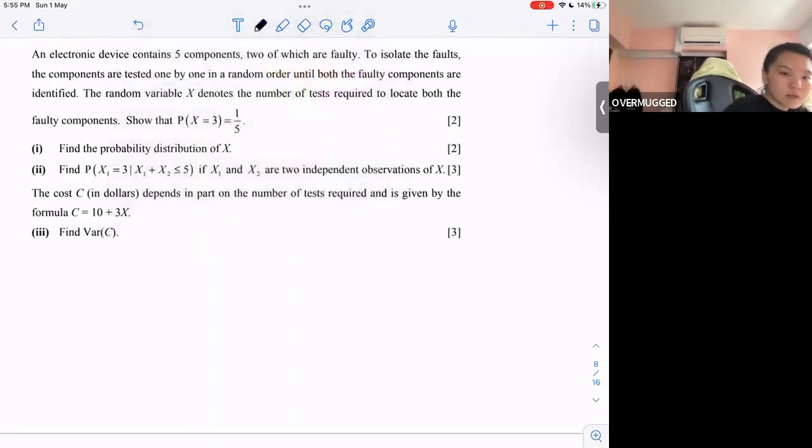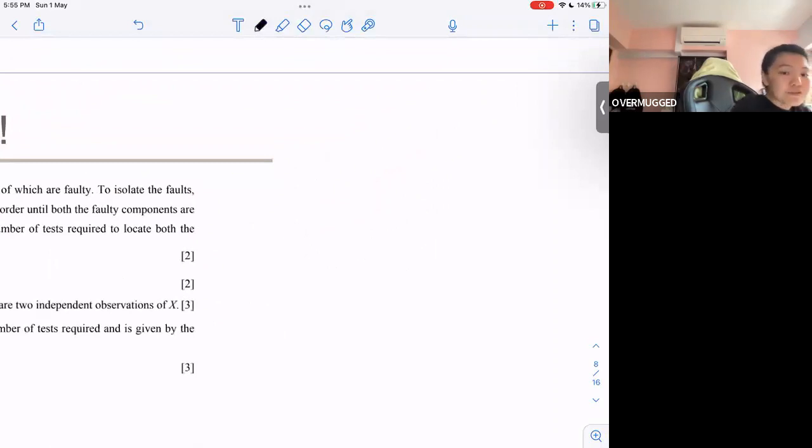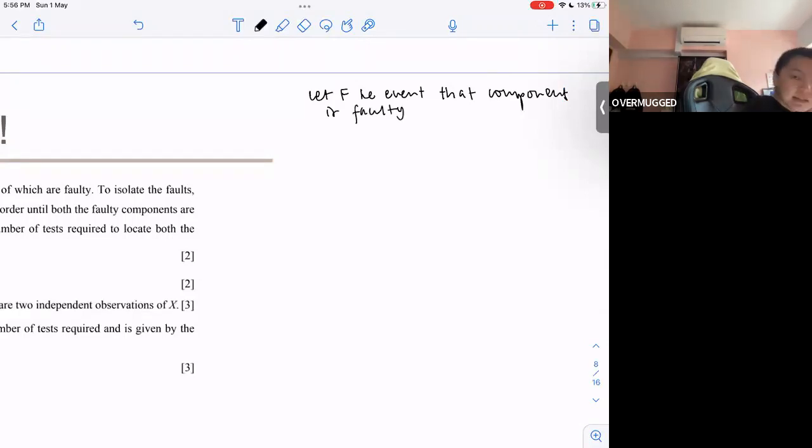So first of all, I'm going to define: let f be the event that the component is faulty, and n be the event that it is not faulty.